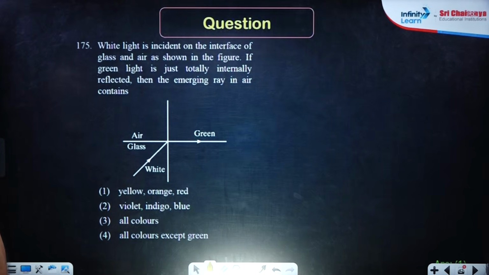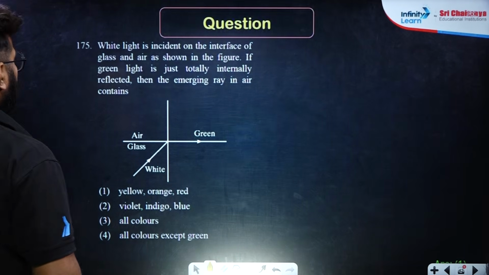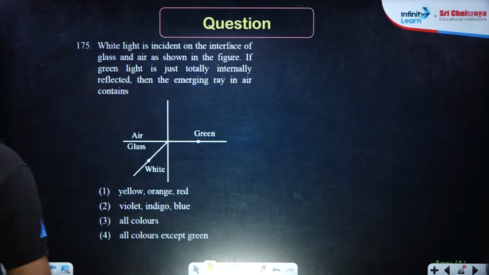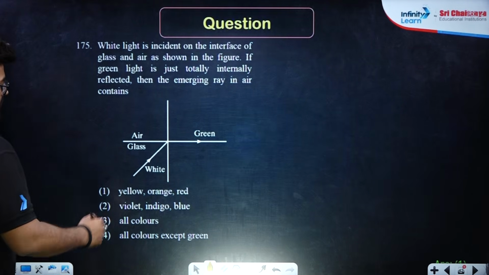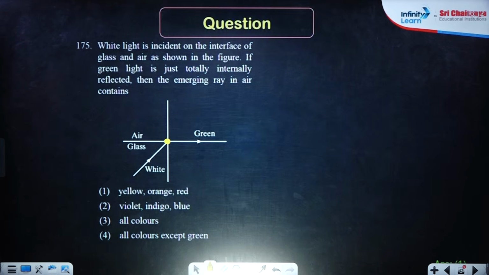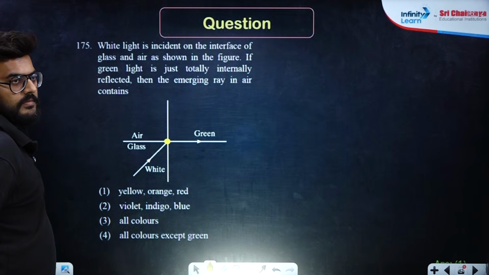White light is incident on interface of glass and air as shown in figure. If green light is just totally internally reflected, then the emerging ray in air is. See, if green is able to do TIR, then all the wavelengths which are greater than this won't be able to pass through the other medium. Am I clear?